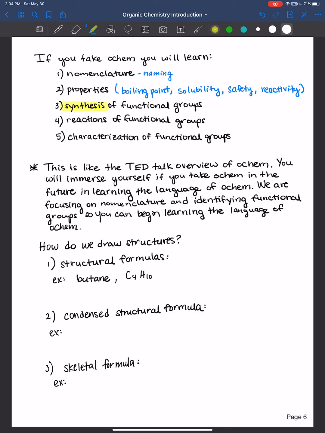You would learn about reactions of those functional groups. And you'd also learn how to characterize them. And what characterization means in science is that we use instrumentation to prove the identity of your compound.